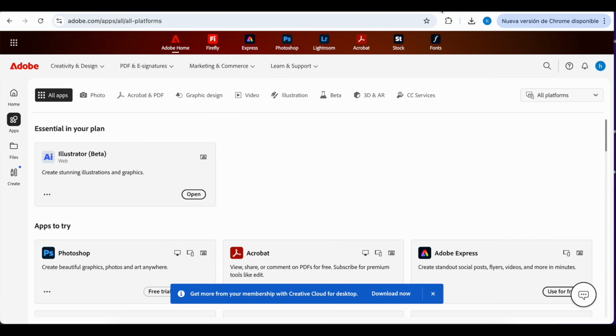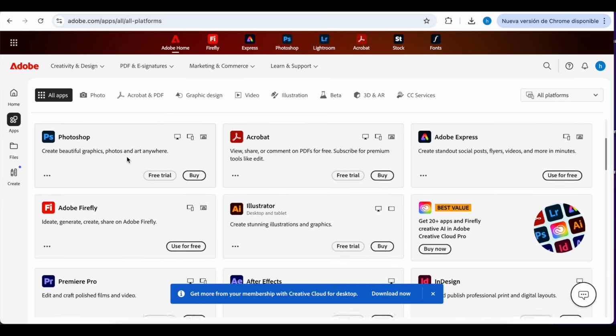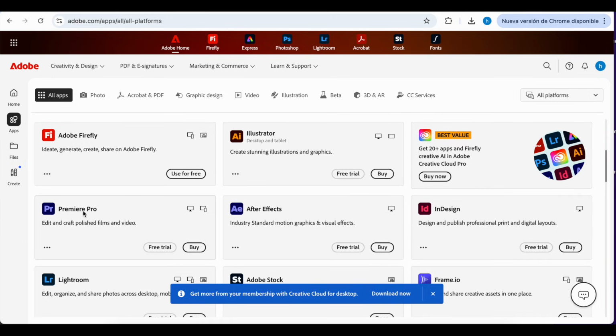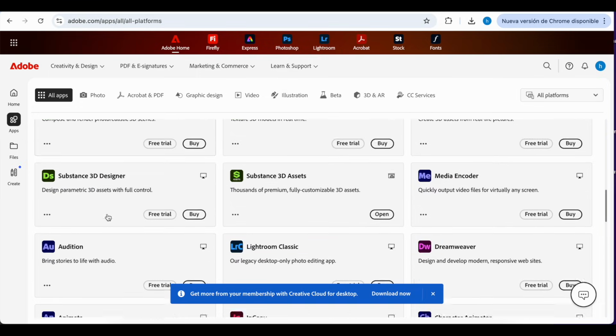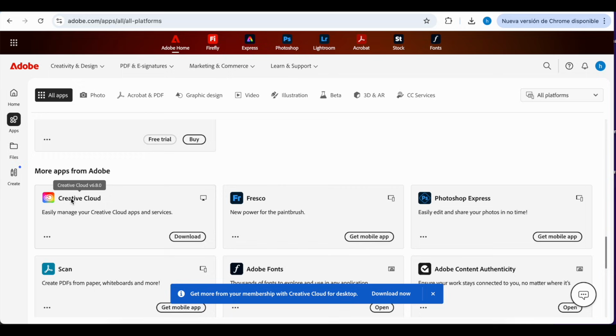Some people know it as the PDF company, others know it as the Photoshop company, and some of you as the industry standard for editing videos. A lot of YouTubers, for example, use Premiere Pro to edit their videos. They have around 60 different apps, and the bundle they typically sell is the Creative Cloud, which costs around $70 to $100 per month.